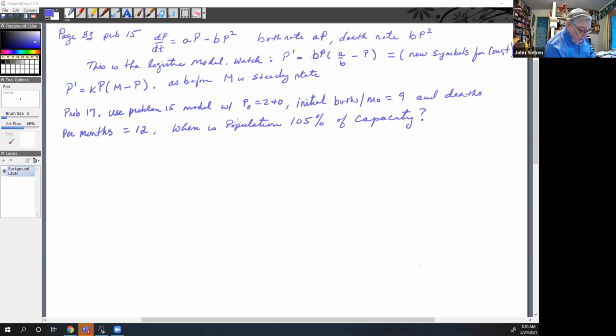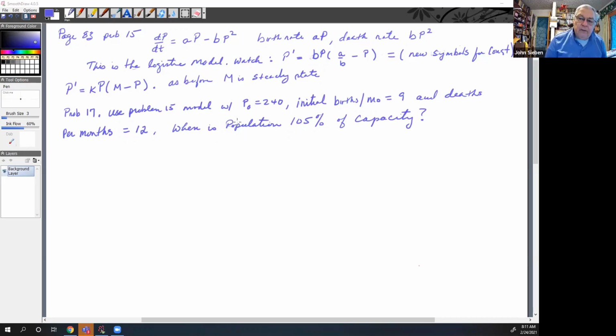If the initial population is 240 rabbits, and if there are 9 births per month and 12 deaths per month, initially, that is at time t equals 0, then how many months does it take for P of t, the population, to reach 105% of the limiting population?